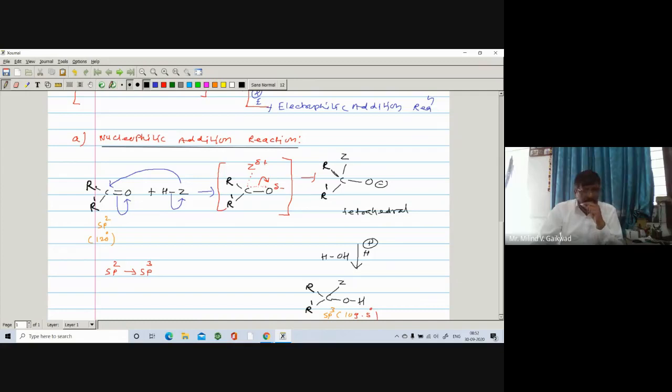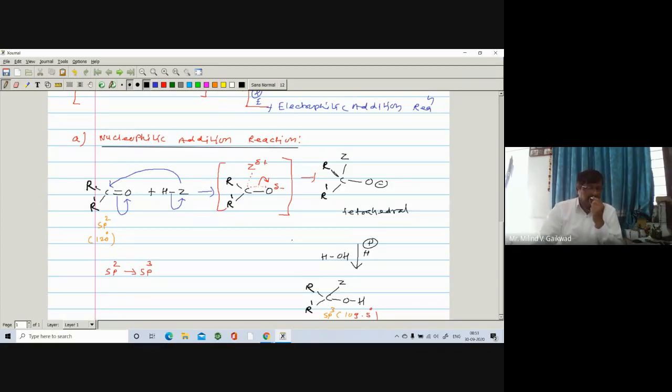Similarly, we can write an example just by replacing R by methyl and R dash by H, so it becomes acetaldehyde. If both are methyl, then it is acetone.